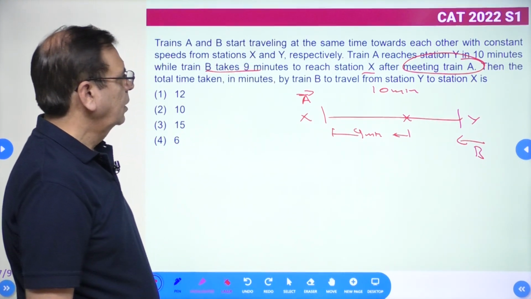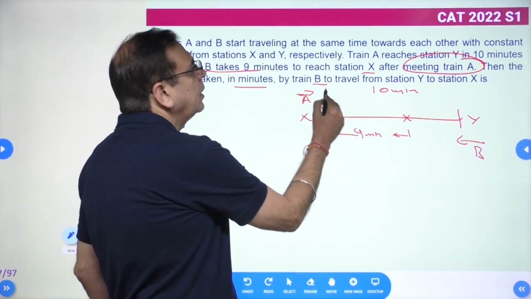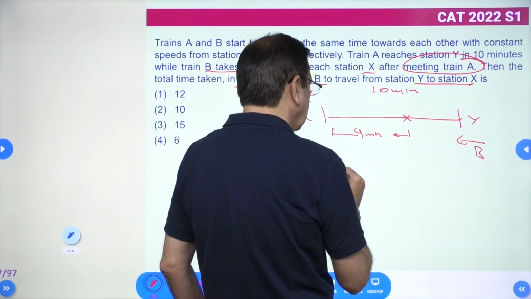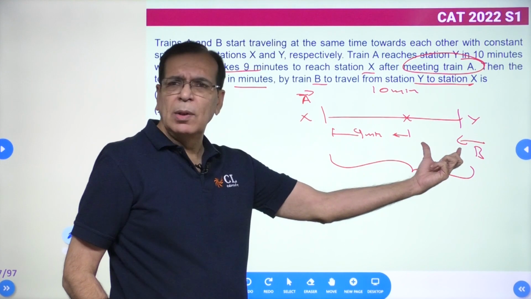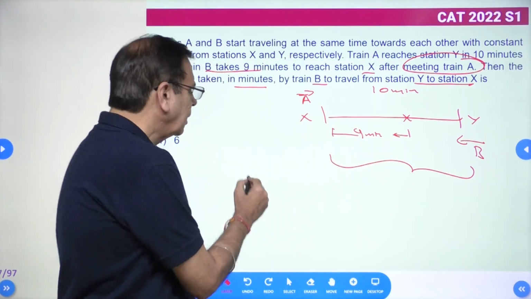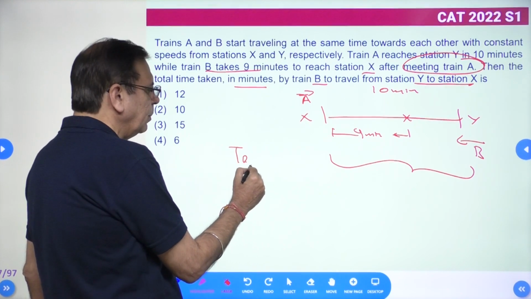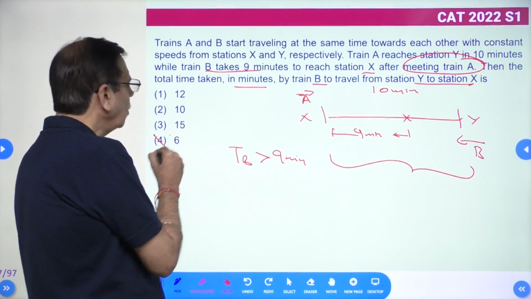Then the total time taken in minutes by train B to travel from station Y to X. First question: if it has taken 9 minutes for this part, then the total will be more, right? So can I not straight away say that the time taken by train B should be greater than 9 minutes? That means this choice is wrong.